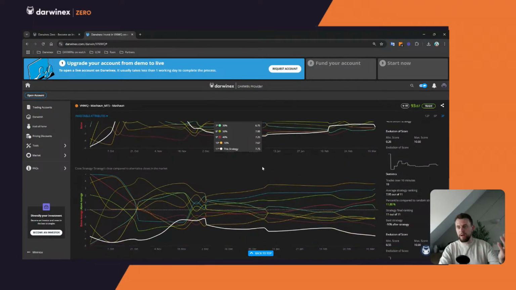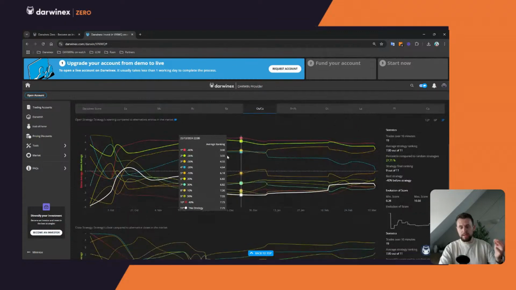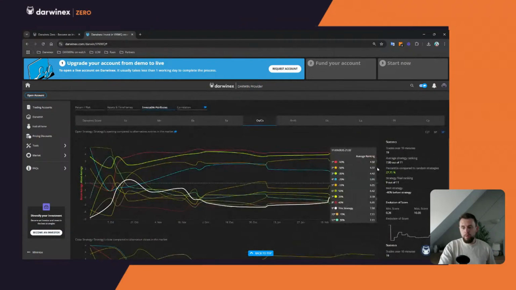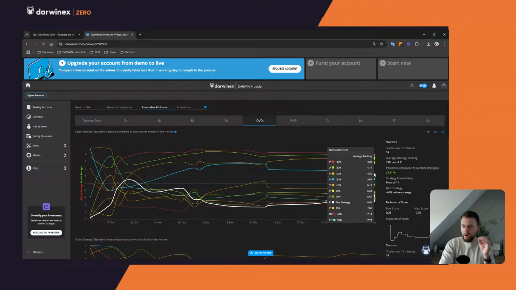No matter whether you clicked open or close strategy, you can see this chart is your open, this chart is your close. What we basically do is we measure the effectiveness of when you open your trades and when you close your trades, and we compare it to a differential in time. If I hover over this, let's go into a 12-month period, you can see there's a ranking.